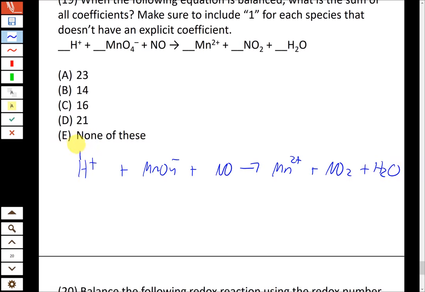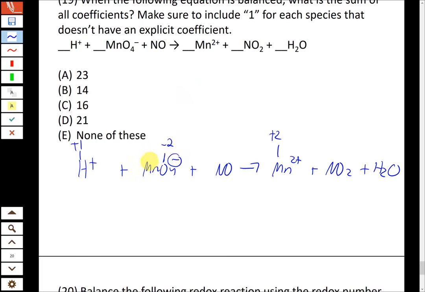So for the ions that are by themselves, it's easy because it's equal to the charge. So hydrogen is +1 because it's just H+. This is just going to be +2 because it's Mn2+. The rest we have to do a little bit of effort to get the oxidation numbers. So for MnO4-, again, oxygen is pretty much always -2, so it's going to be 4 minus 2s is -8.